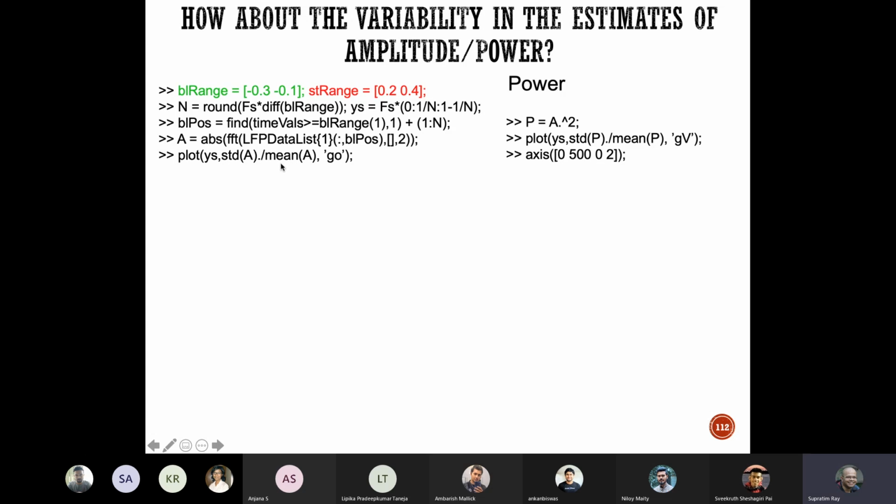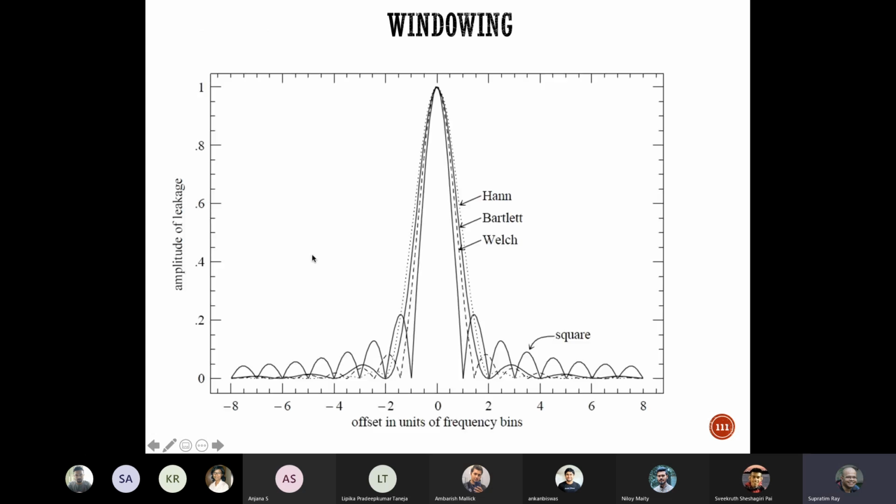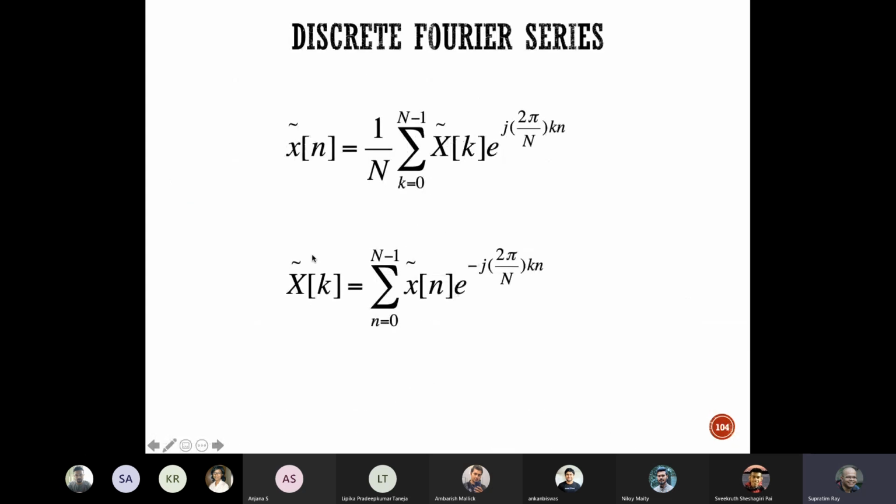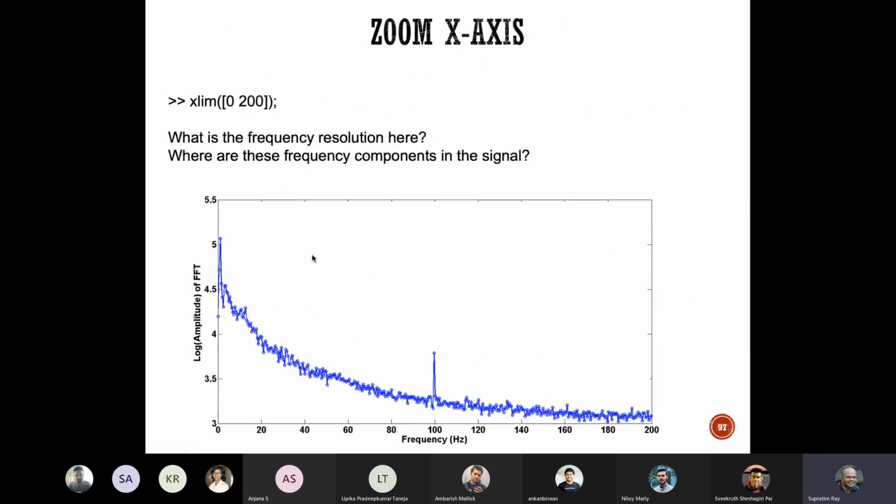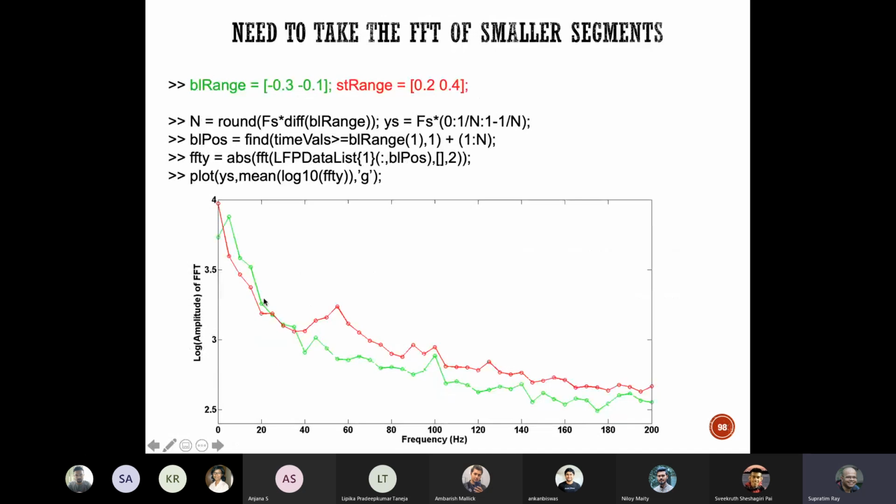And if I plot just the mean of the amplitude, I would get the amplitude spectrum like this. This is the same set of commands here. I can plot the mean of the log of the FFT, and it gives me this green trace.